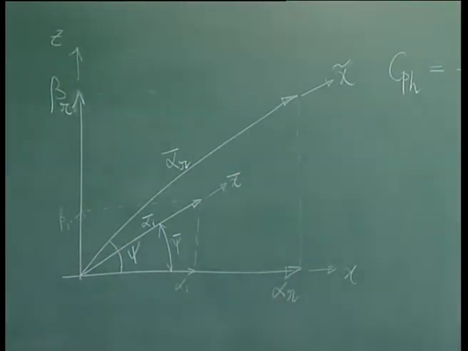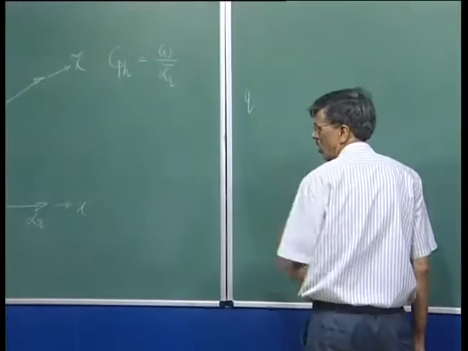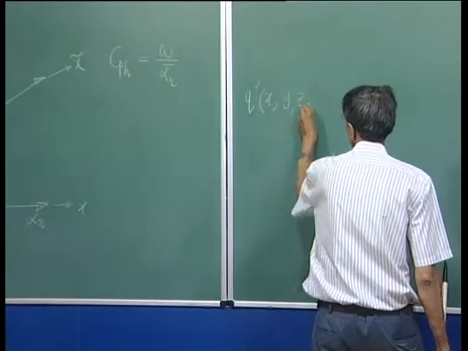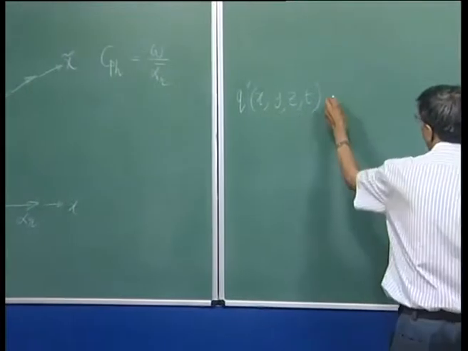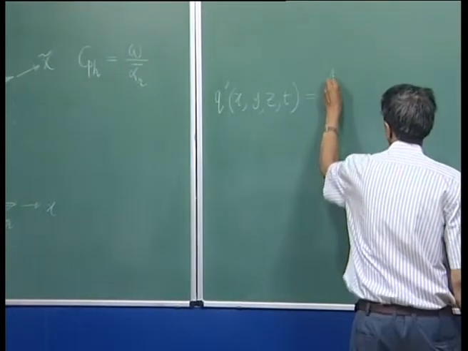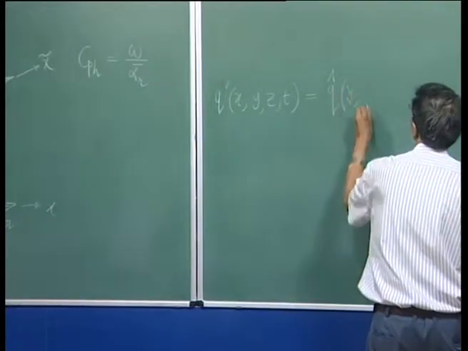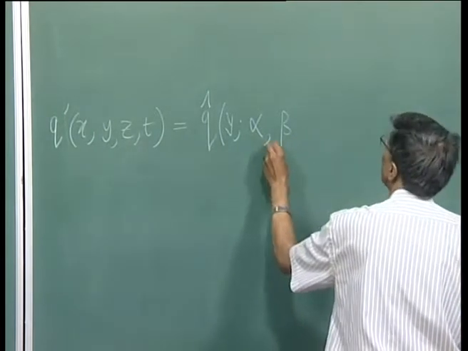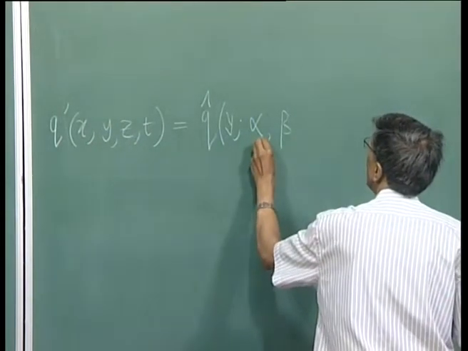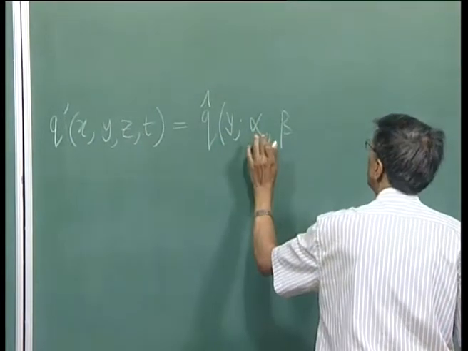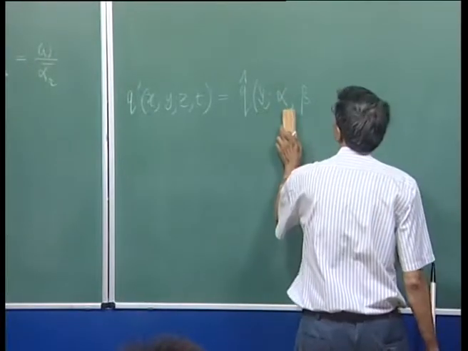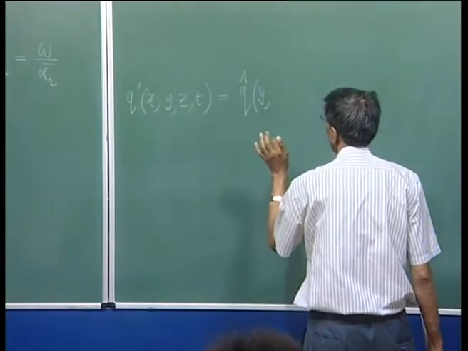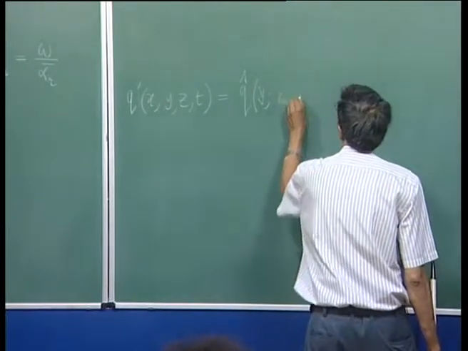Then the disturbance field that we are talking about, as a function of space and time, I will write once again as the amplitude function of y. Then I will have alpha, beta, which are now the parameters, which I will write somewhat more carefully as omega and Re.